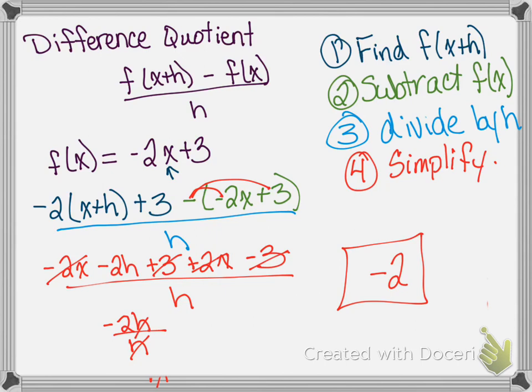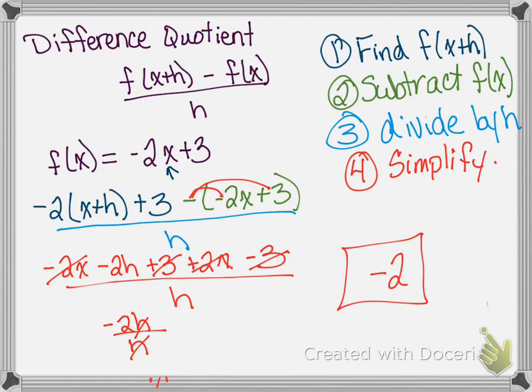When you are asked to find the difference quotient, you are being asked to find the slope at a specific point on a function. That's what you're being asked to do. Now it's very easy for us to identify that this is slope because this is linear. It's not as easy to identify when it's nonlinear.